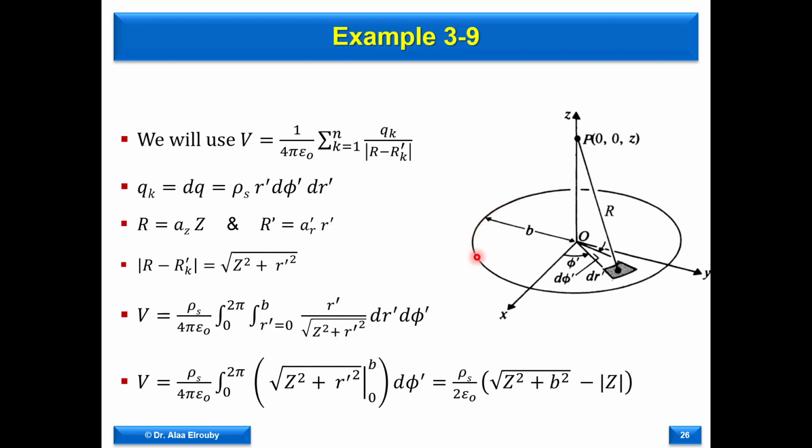This disk is charged with surface charge density rho s, and we want to find the electric field on the axis of this disk. We can choose any point on the axis. This point is 0, 0, z, and we want to find the electric field at this point because of the surface charge distribution on this disk that has a radius of b.